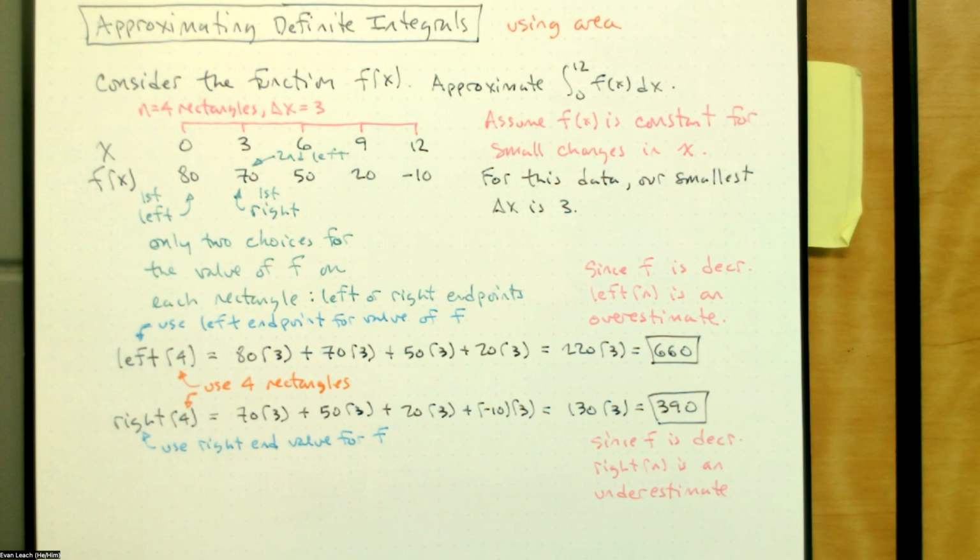So it looks like our definite integral is somewhere between 390 and 660. That's not a very good range.